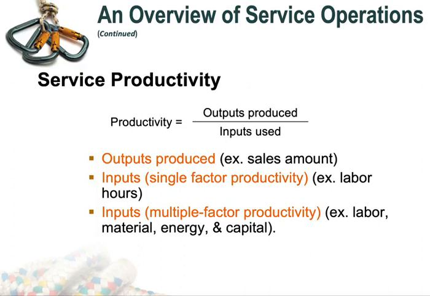Output produced, if we talk about service, will be sales amount in terms of money, or in terms of how many customers are served. For input, we have single factor productivity and multiple factor productivity. For single factor productivity, we look at input from labor hours, but for multiple factor productivity, we look at input from labor, material, energy, and capital.